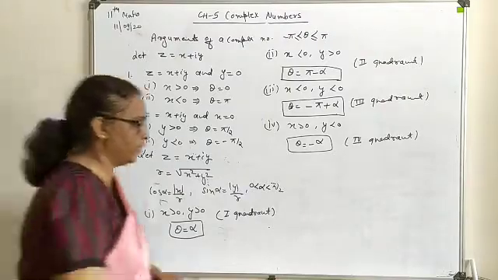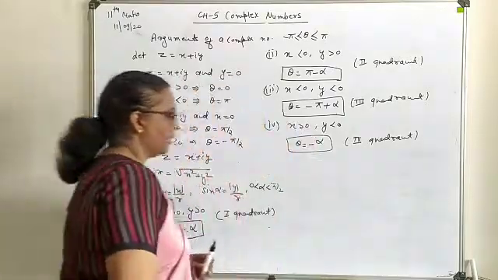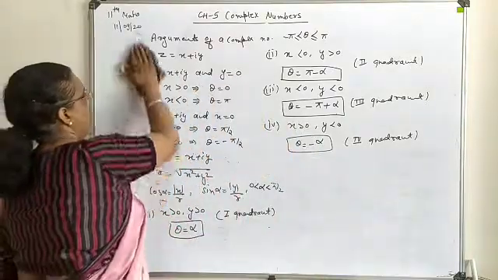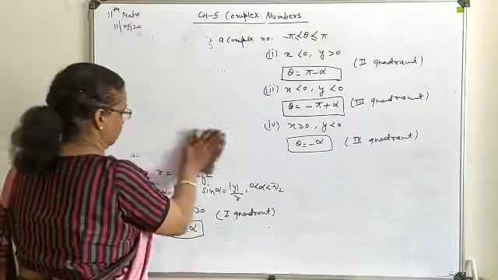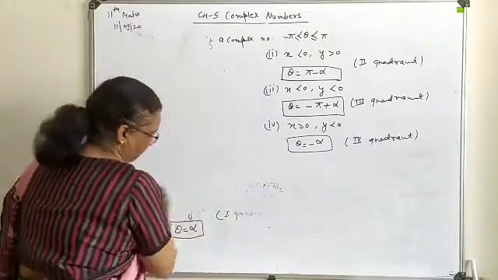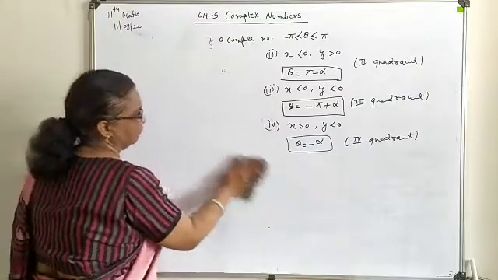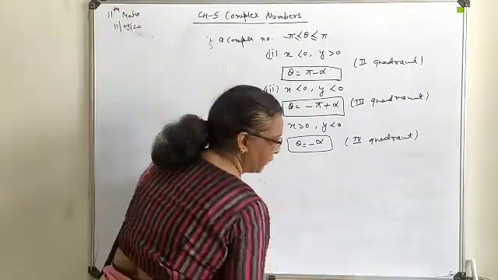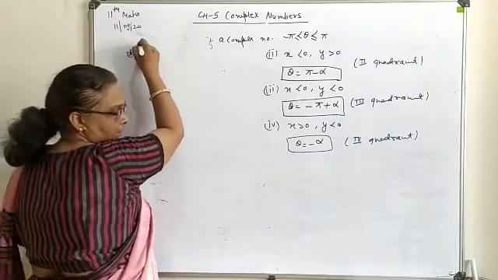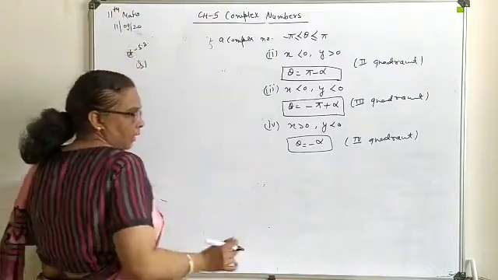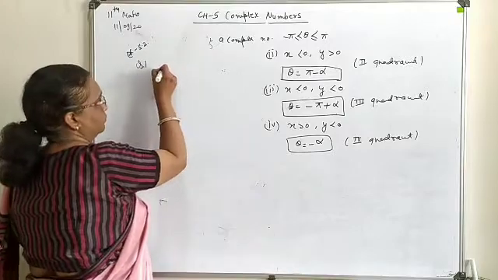So let's try to find one argument value. Just take one question from your exercise. Now we take the first question itself from your next exercise.